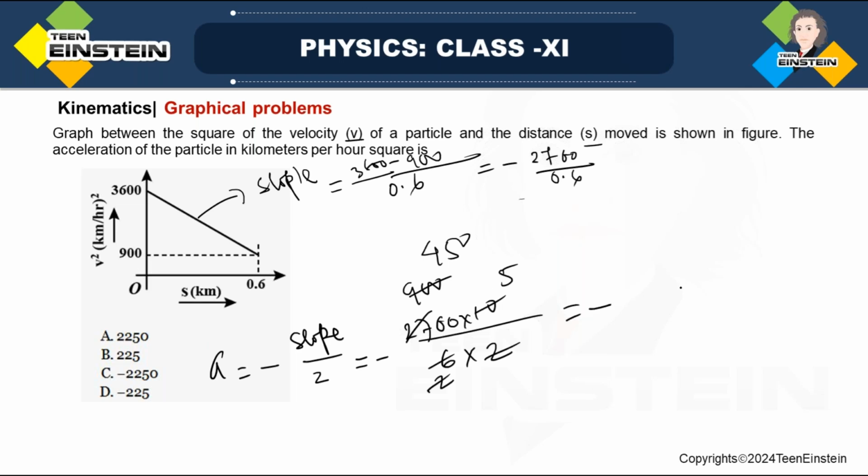Okay, so from here we can get 0, this. Kilometer per hour square. Yes. So this is the option number C. Option number C would be the correct answer for this question.